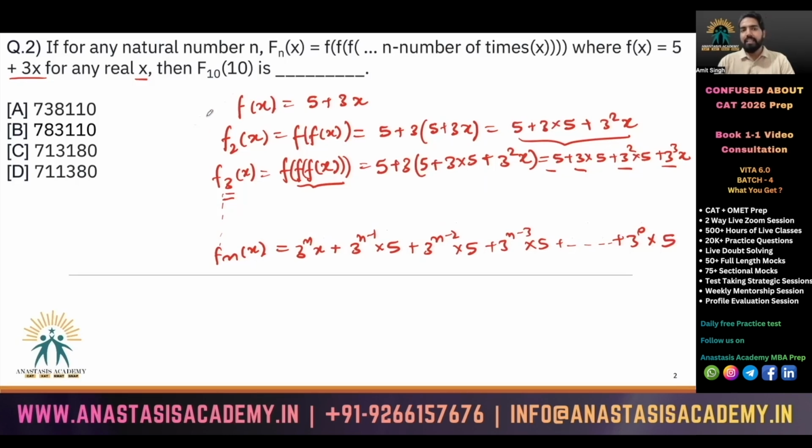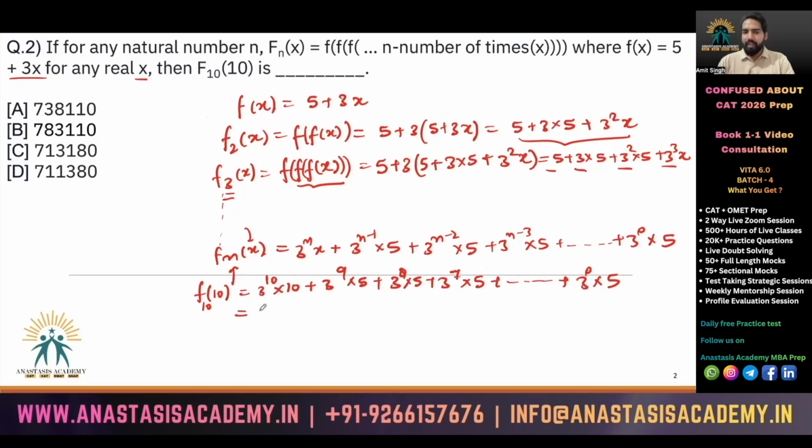Now I can easily put the value of x as 10 and n as 10. So f^10(10) would be equal to 3 raised to the power 10 into 10, plus 3 raised to the power 9 into 5 plus 3 raised to the power 8 into 5 plus 3 raised to the power 7 into 5, and up till 3 raised to the power 0 into 5.